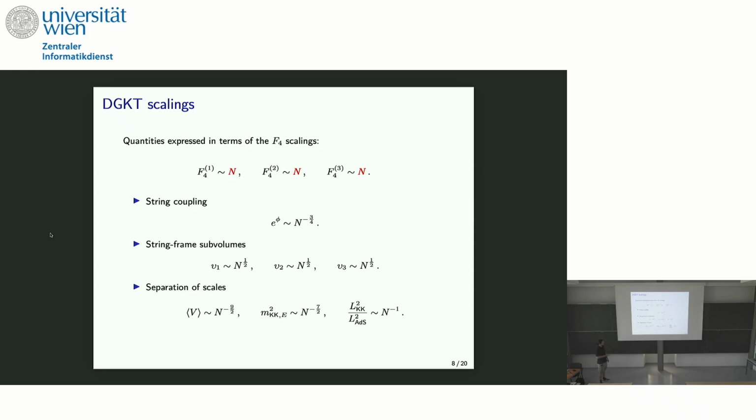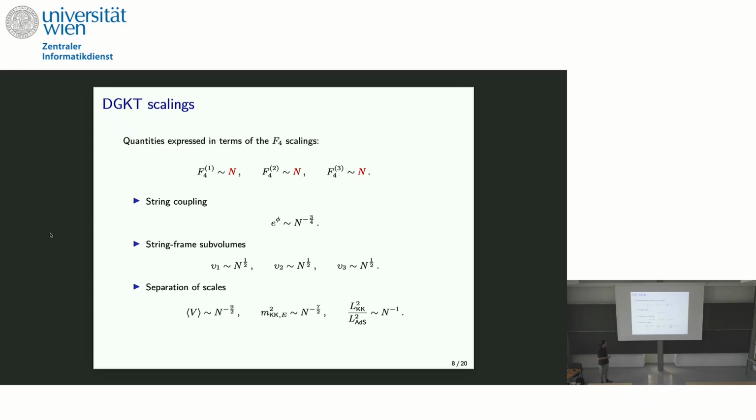These are the 3 subvolumes. Okay, the product of them is the volume of the internal space. The exponents here are positive, so for large values of n, those become large. Okay, so you are not close to the string scale. If those were order 1, then you would be at string scale. The solution would not be classical.